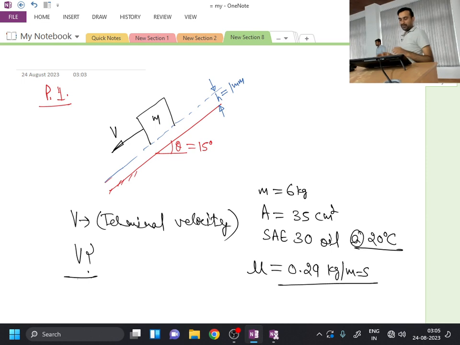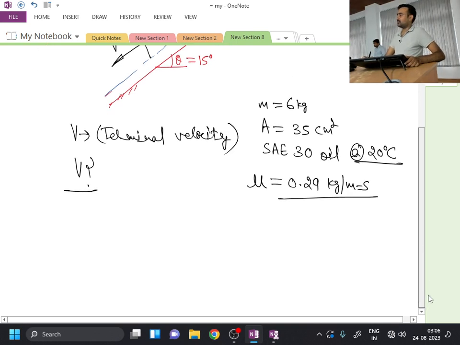For example, when you place this object on the liquid film, initially it will be stationary and then it will start accelerating and acquire a certain velocity. In the period from zero velocity to that uniform velocity, it has some acceleration. But now we are talking about the period of terminal velocity, meaning the condition when there is no acceleration of the object. So now can you tell me how we can solve this?